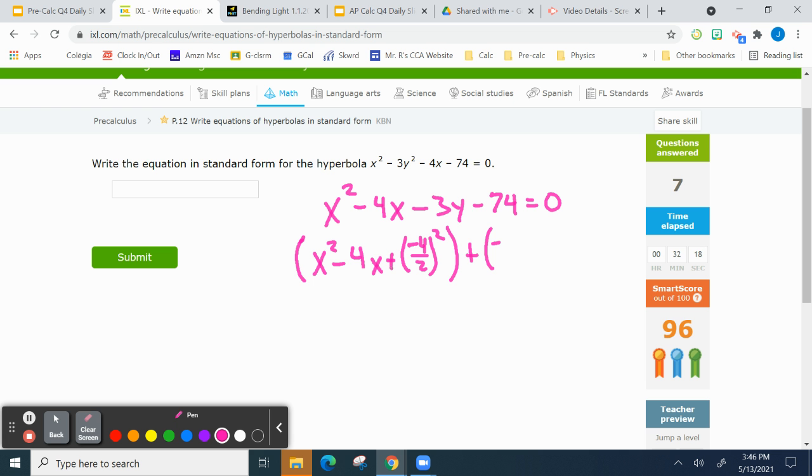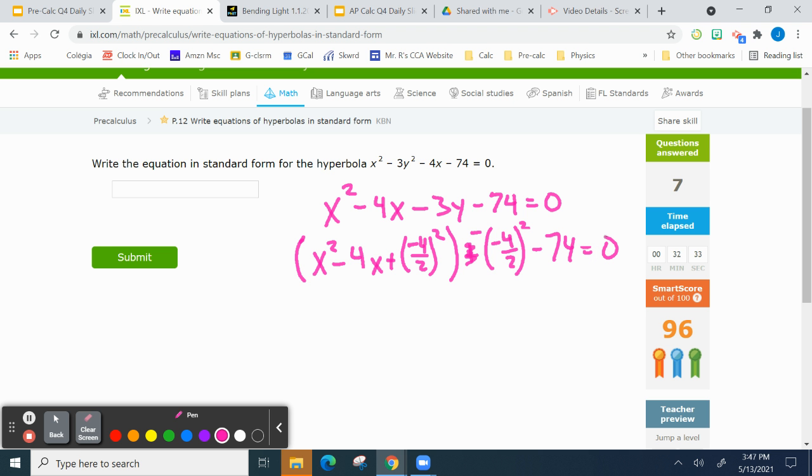I want to do plus and then minus. I've done that wrong before. All right, negative 4 over 2. You want to add it in there and then subtract it over here. Minus 4 over 2 squared minus 74 equals 0.